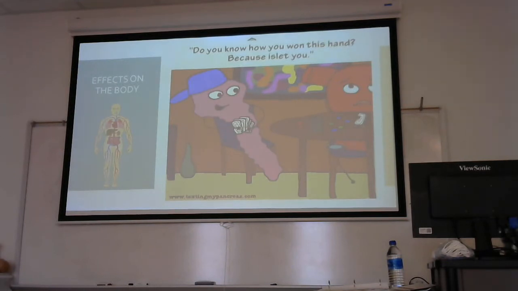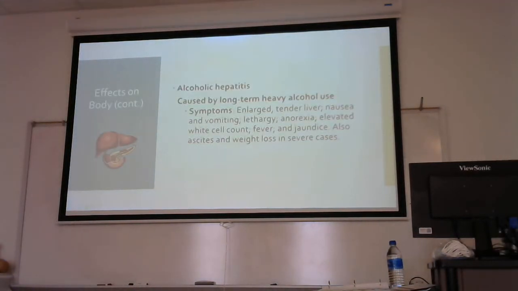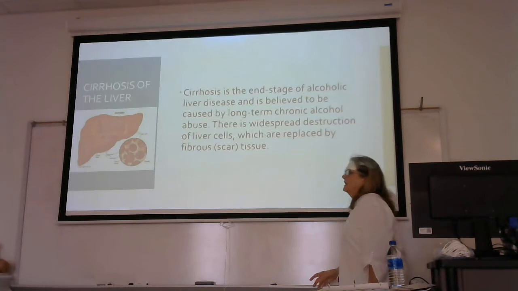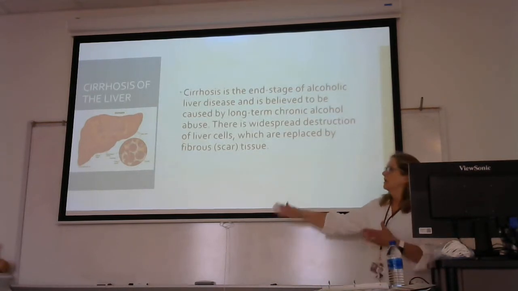So with all of these things going on, they end up with diabetes or high blood glucose levels, or low, it can go either way. And they also can develop alcoholic hepatitis, which comes from long-term heavy use. But the big one is the cirrhosis. And that's where our chronic alcoholic is headed.